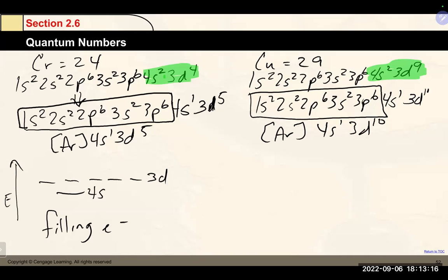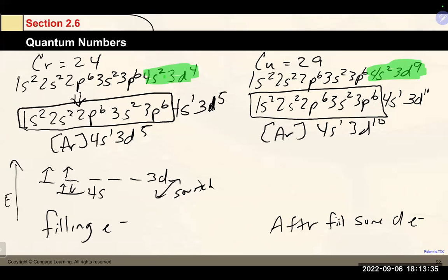What actually happens, in case you're not aware, is as you fill the d orbitals with electrons, there's actually a switch in terms of the energy level of those orbitals, and the 4s actually becomes higher in energy than the 3d.